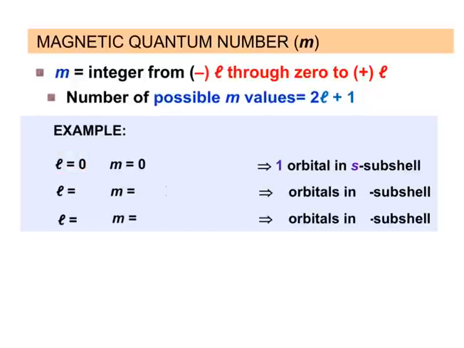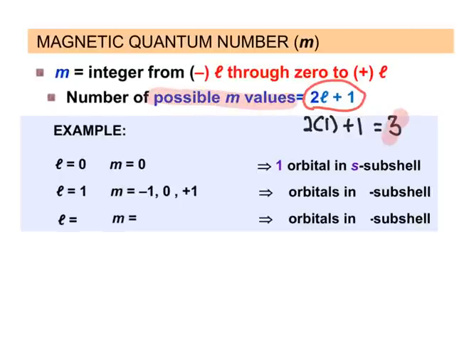Next, when the azimuthal quantum number is 1, the magnetic quantum number is an integer from negative 1, 0 to positive 1. Inserting 1 into this equation, we get 3 possible magnetic quantum number values. Thus, for angular momentum quantum number 1, there are 3 orbitals.